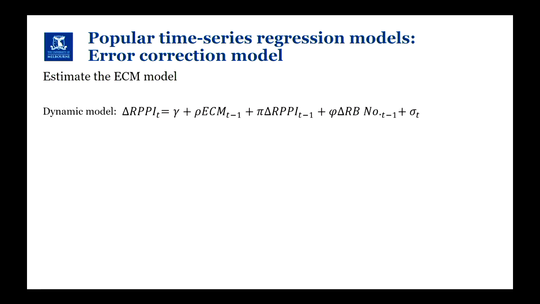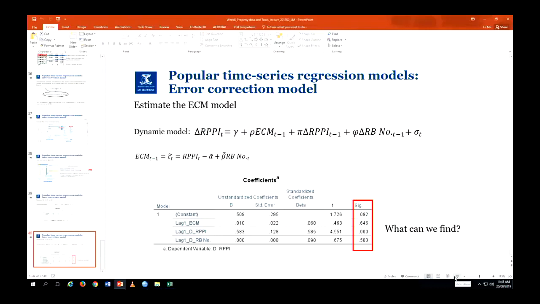We estimate the dynamic model this way: the changes in house price equal a constant, plus the ECM, which is the error correction term, plus the previous values of the changes in the two variables. Here the error correction term equals the estimated error from the equilibrium model, which is house price minus, oh sorry, this one should be minus.